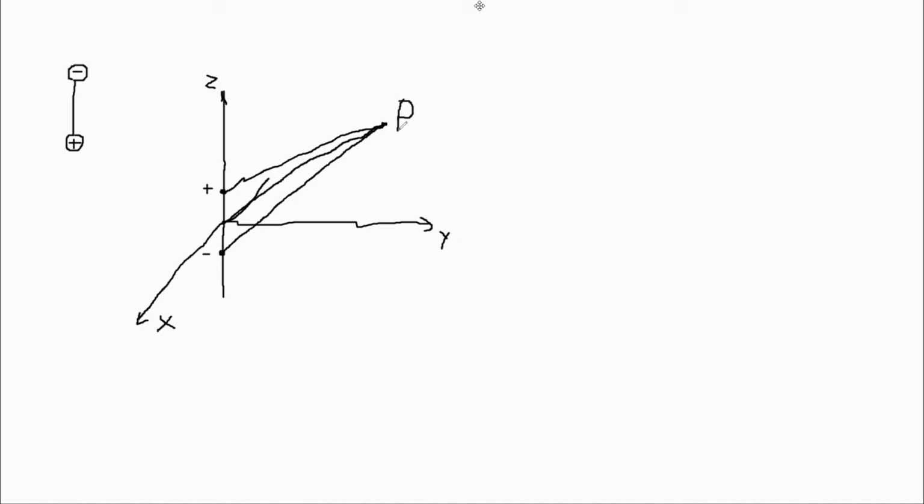Here we will have the angle theta. This distance will be R1, this distance will be R2, and this distance in the center will be R.